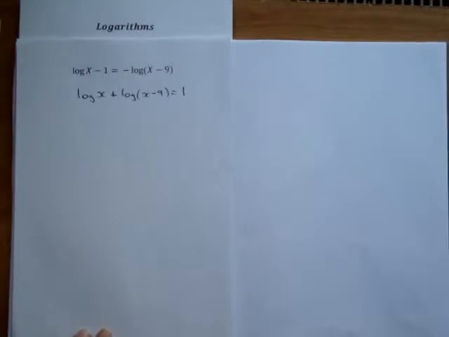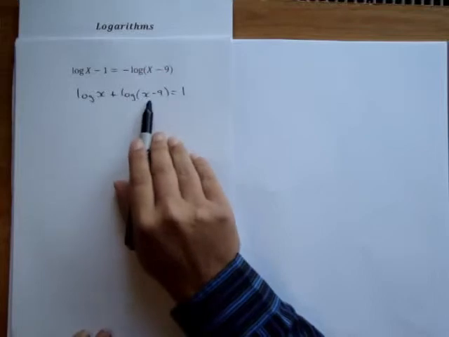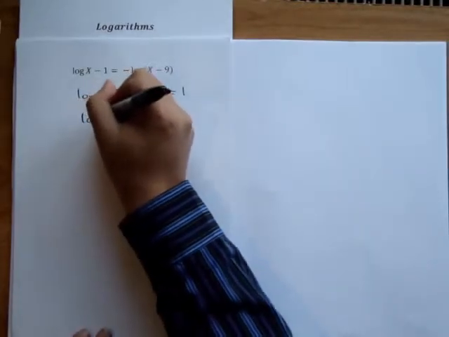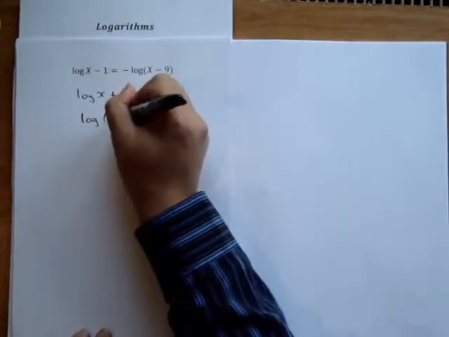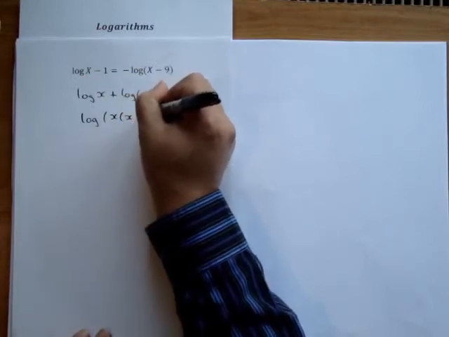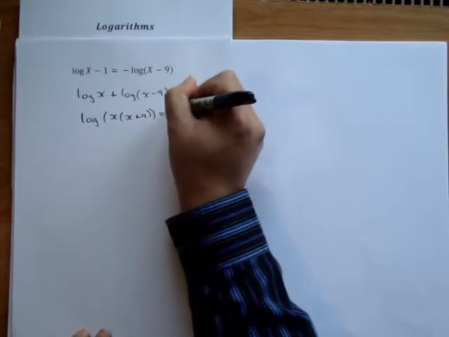Now, because of this addition sign, we use the property of logs. We multiply together, so log of x times, or multiplied by, x plus 9 equals 1.